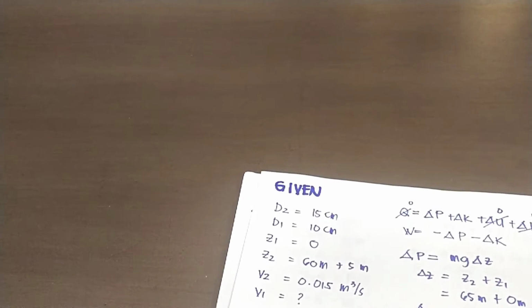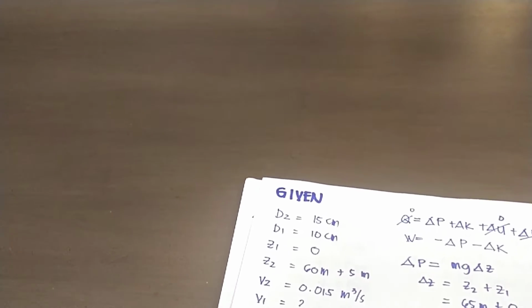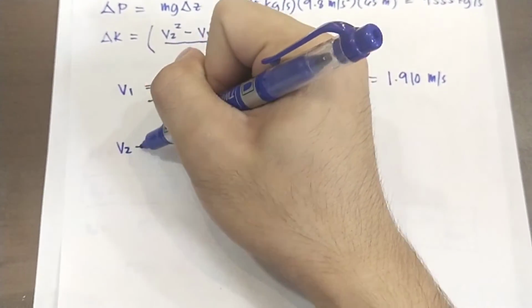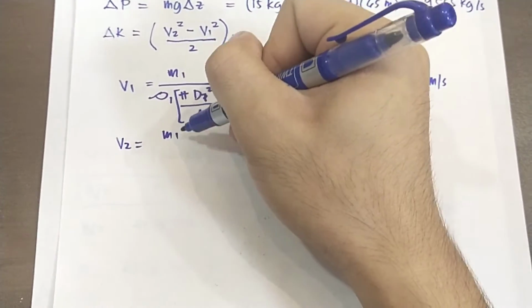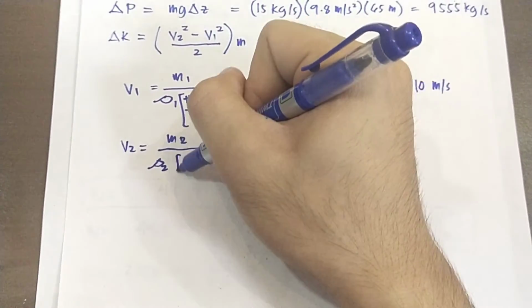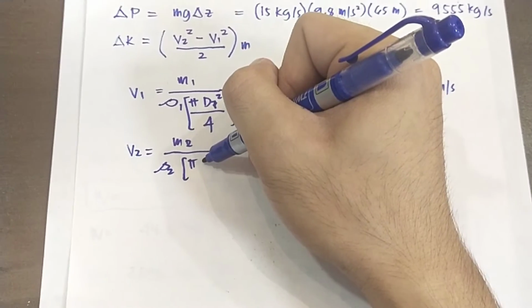And to find our V2 it is the same. M2 is equal to the density 2 times our area times V2.